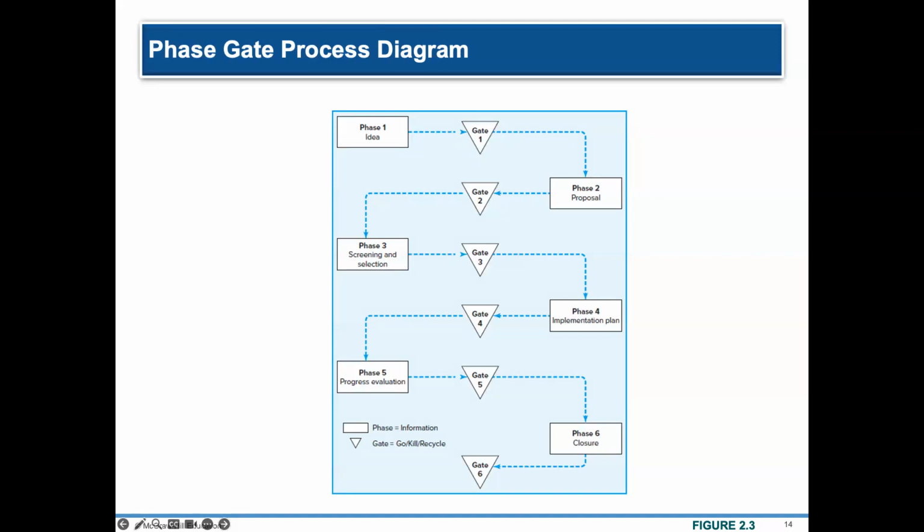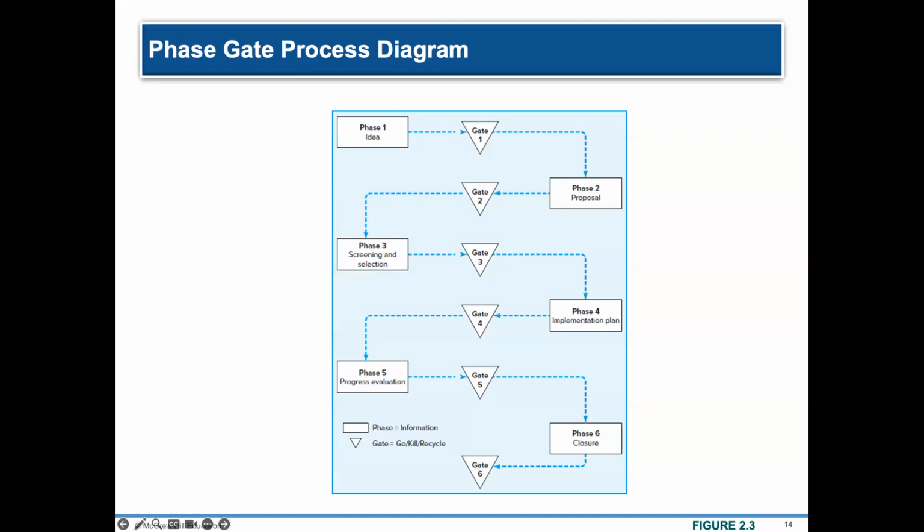Once it passes gate 3, the project team and the management would screen and select among the vetted proposals. So among those projects that were proposed, which ones are qualified to proceed?